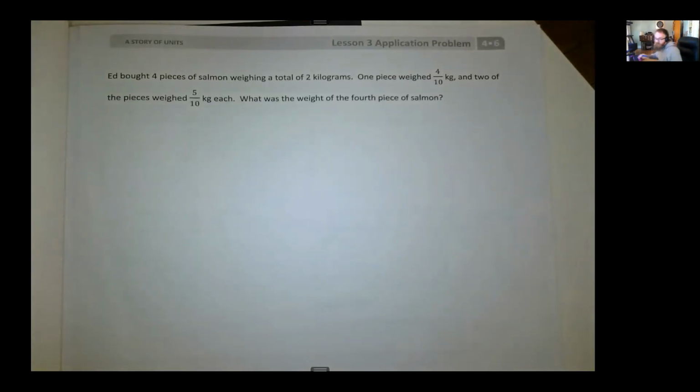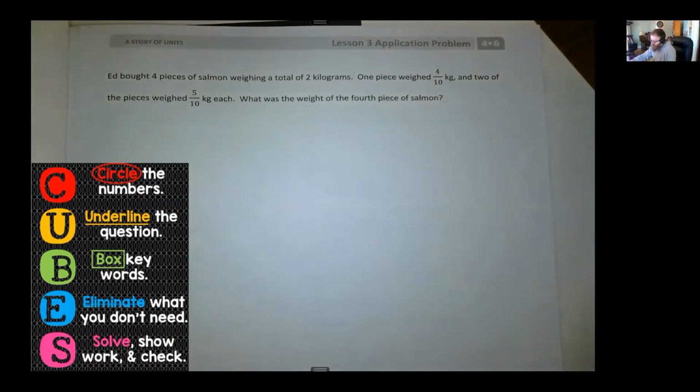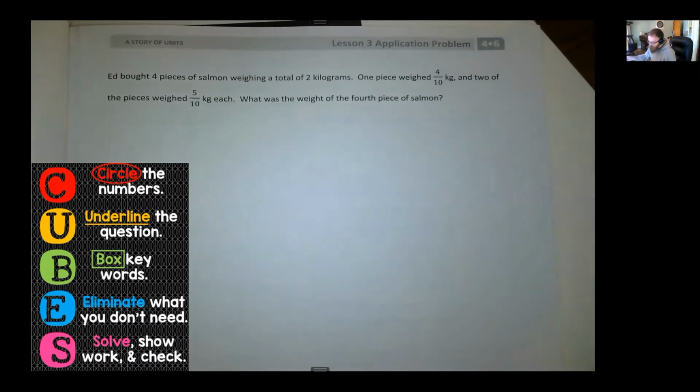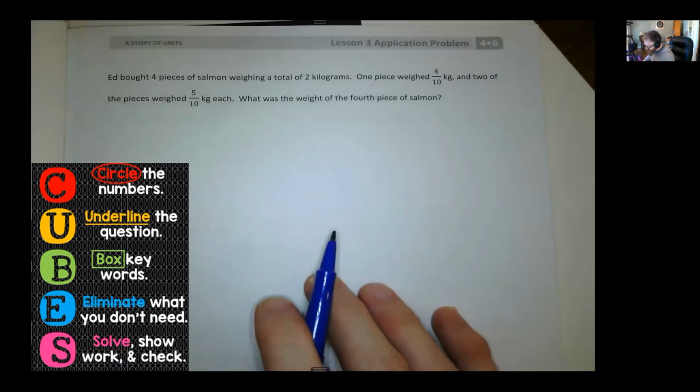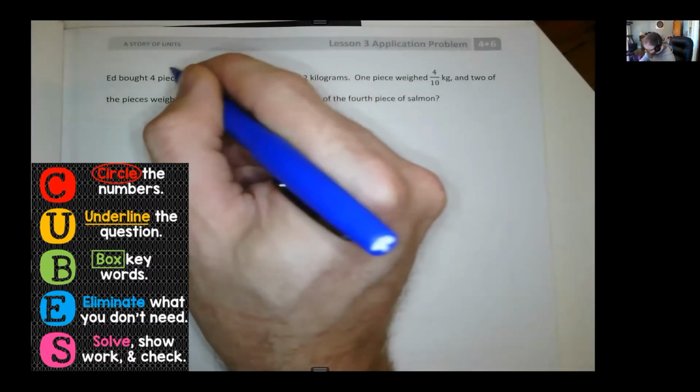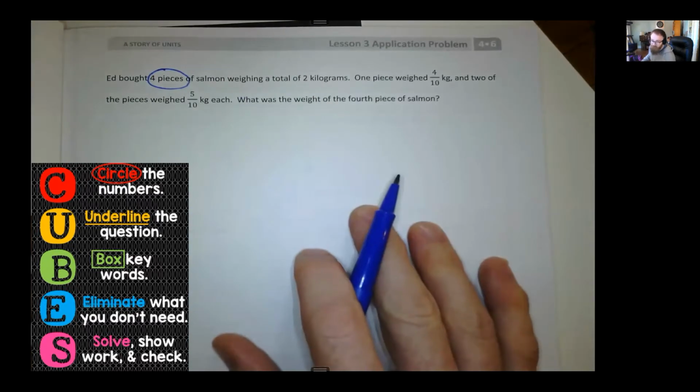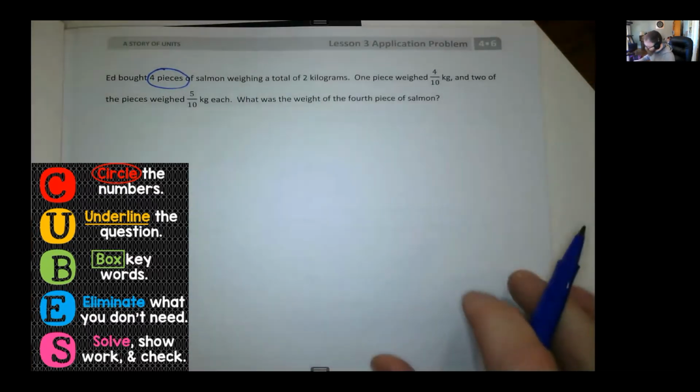We're going to use cubes right now to pull all of the important information out of this problem. Circle the important numbers, right? So where do we start? We have 4 pieces, right? 4 parts. You should be following along with me on page 15.